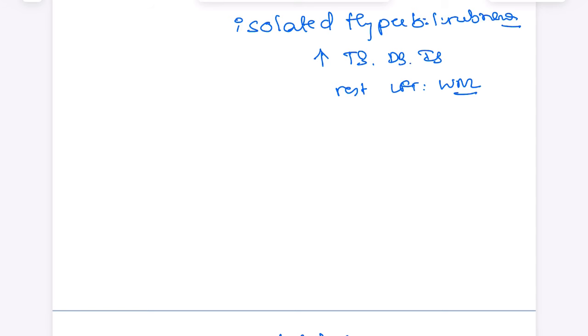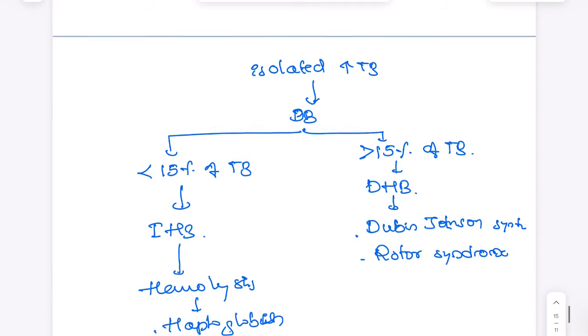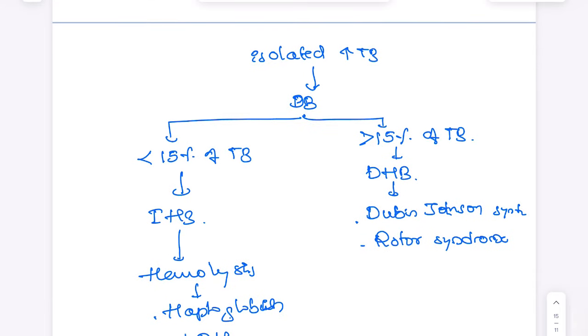Clinical icterus tells you hyperbilirubinemia, but it doesn't tell whether it is direct or indirect, conjugated or unconjugated. By looking at the urine you can tell. If urine is dark yellow colored, it is suggestive of conjugated, that is direct, hyperbilirubinemia. So one clinical sign to differentiate direct from indirect is to look at the urine color.